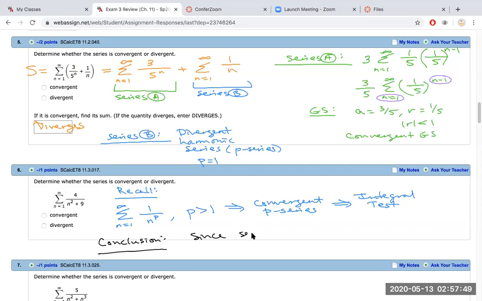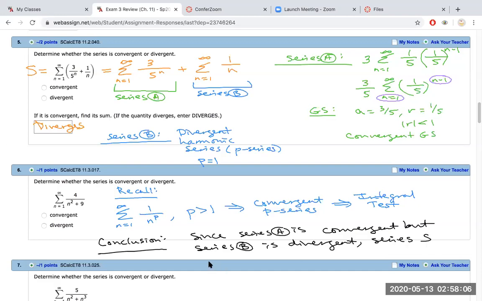Since series A is convergent, but series B is divergent, series S is also divergent.